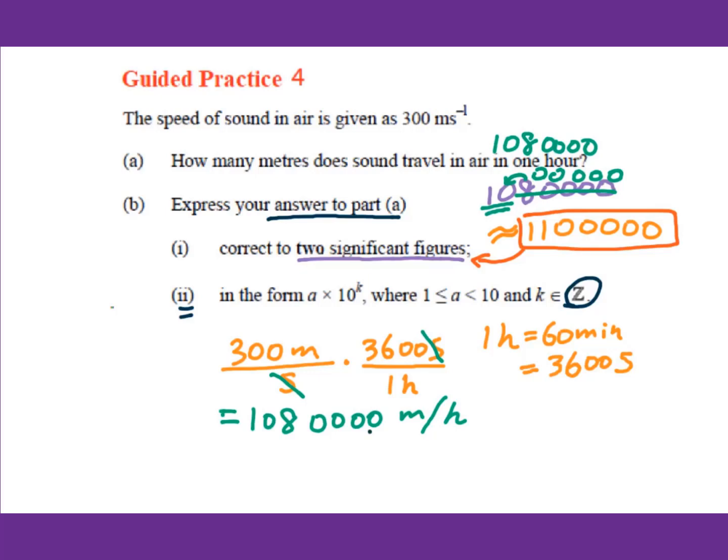So we get from the very back, we count the decimal position: 1, 2, 3, 4, 5, 6. So we can write 1.08 times 10 to the 6th power.